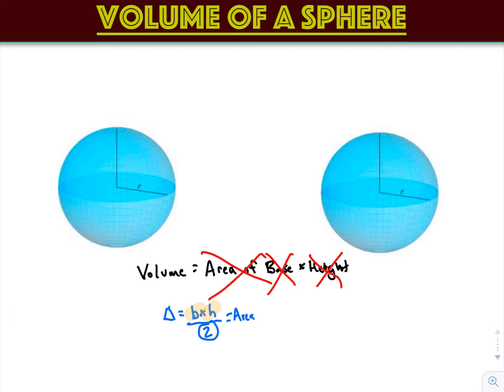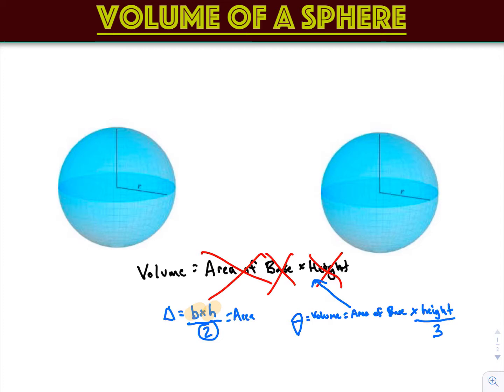When we take this out to a 3-dimensional shape that has a triangular height, such as a cone or a pyramid, any of our pyramids, we notice that the volume is area of the base, and instead of being like our prisms or cylinders where we just take that and multiply by the height, we take the area of the base and multiply it by the height divided by 3. So 1/3 of the height.